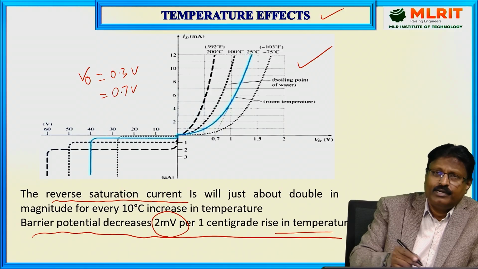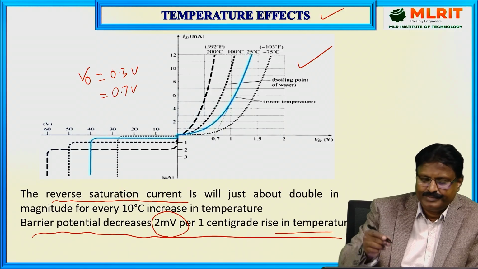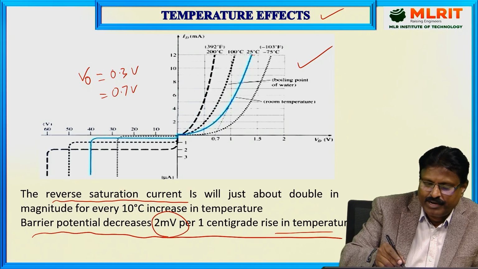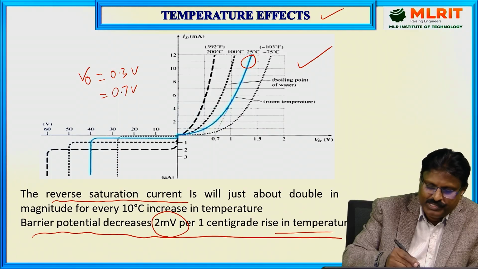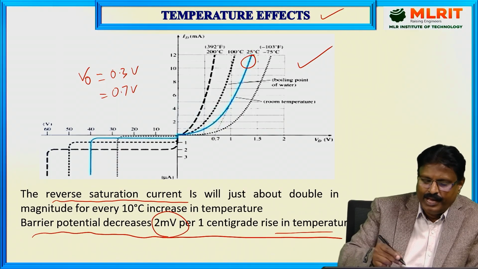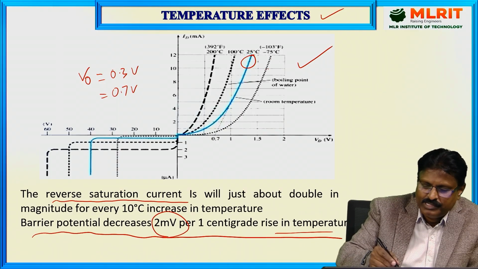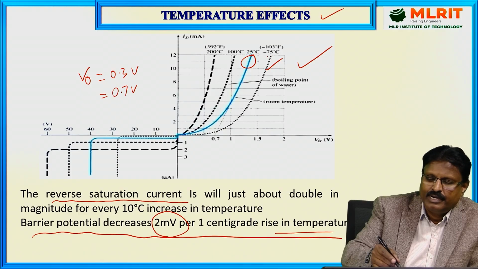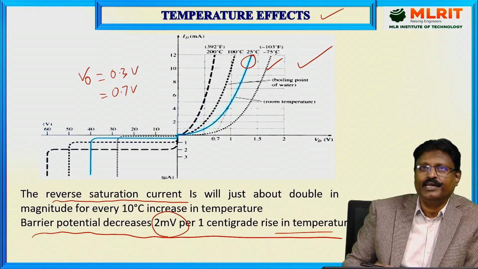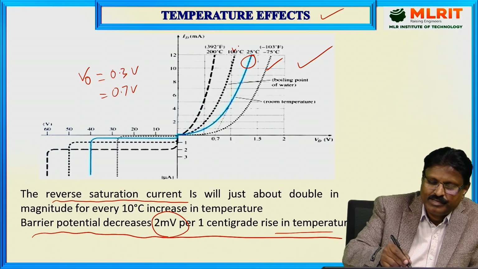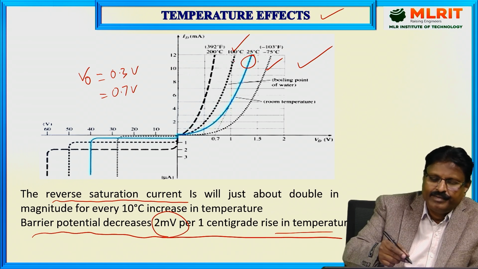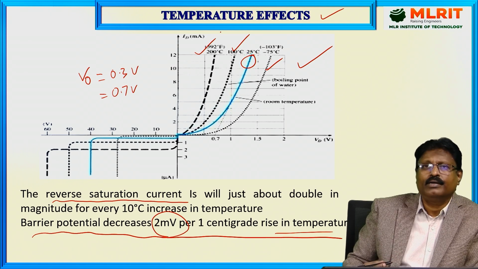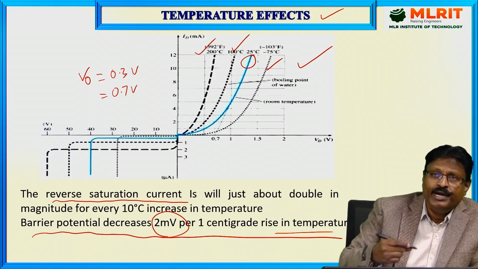There are 4 different curves. First one is at room temperature. I'm calling the room temperature here as 25 degrees centigrade. This solid curve is the curve for room temperature, and this curve is for the temperature of minus 75 degrees centigrade, and this curve is for the temperature of 100 degrees centigrade, and this curve is for the temperature of 200 degrees centigrade.